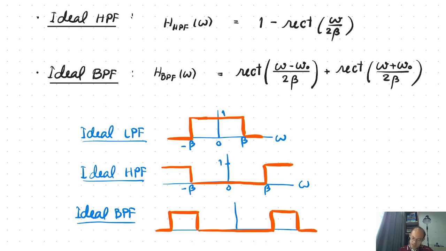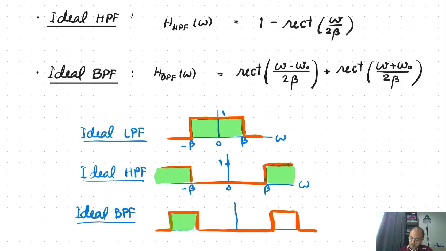Now, the shaded areas are the frequency range that the filter allows to pass through. Okay, this frequency range can pass through, right?